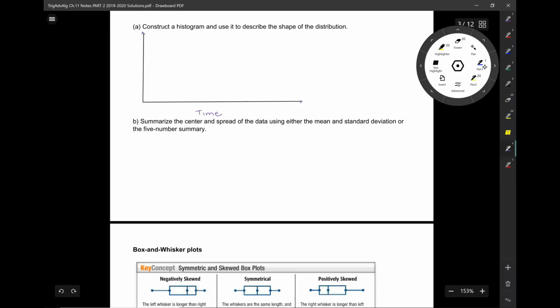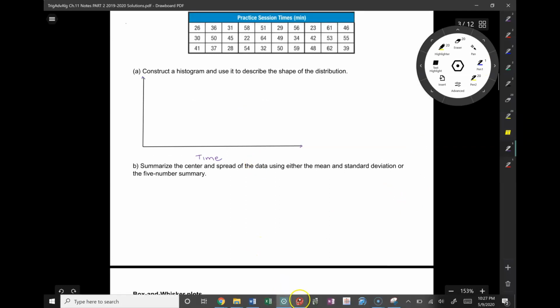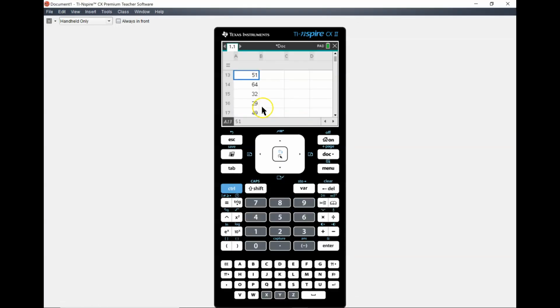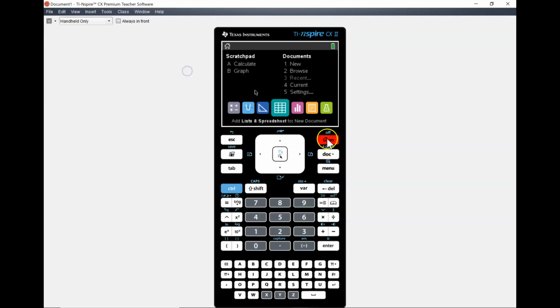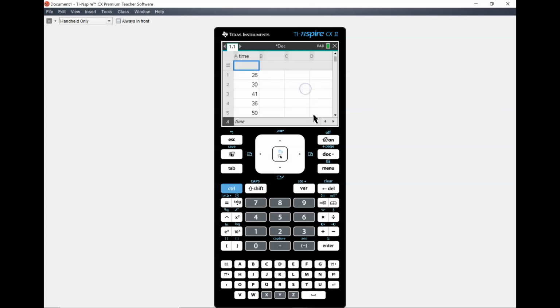All right, so I actually just put this data into my calculator, and you can do the same right here. We're going to go up here and we're going to label that time. Okay, enter. Sorry, let's go to current.